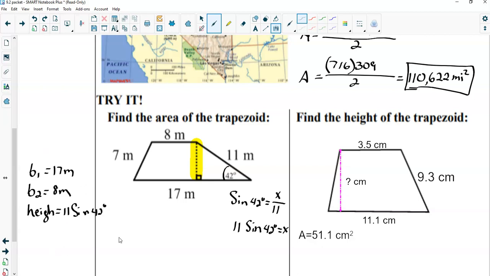So now I have everything I need. So the area is base 1 plus base 2 times the height divided by 2. If you enter all this in the calculator, it will give you a more accurate area, okay?